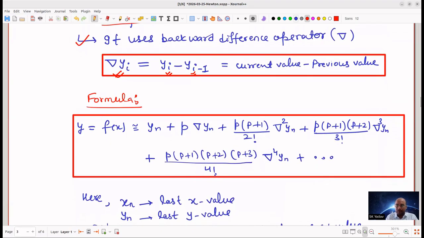Now let's first see the formula here. It is approximated as yn, that means the last value, plus nabla yn, then nabla square yn, and then nabla cube yn, and in place of p minus 1 here, we have p plus 1, and then p plus 2. So the sign is changed here.